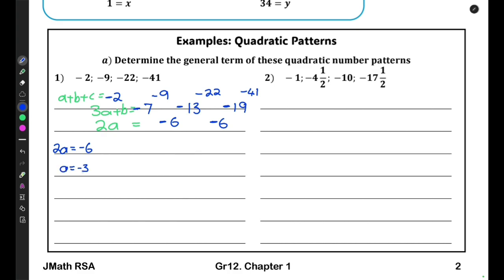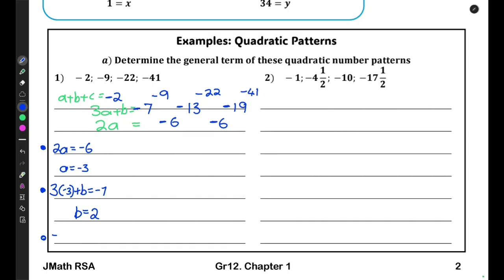I'm now going to use the -3 to sub it in the middle formula, and that's how I'm going to get b. So I'm just going to make a bullet so you can follow me where I am. And then I'm going to say 3 times -3 plus b equals -7. That gives me a -9. And if I say b is equal to -7 minus -9, that would become +2. Okay, now to solve the last one, c, I am going to use my a value and my b value and sub it into the top equation.